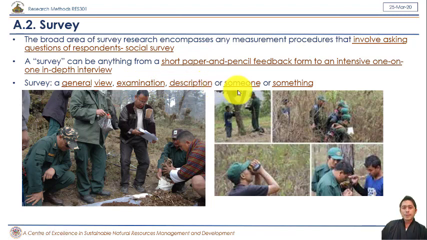So in our sector, the relevant survey can be the National Forest Inventory. That's a survey that is quite relevant for us. So that also can be a survey, and social survey can also be a form of survey for us.